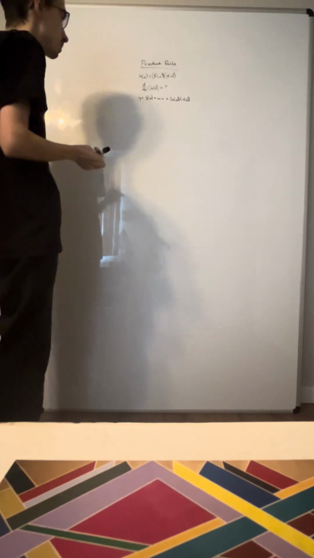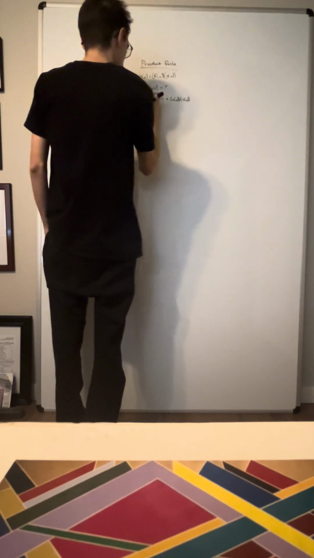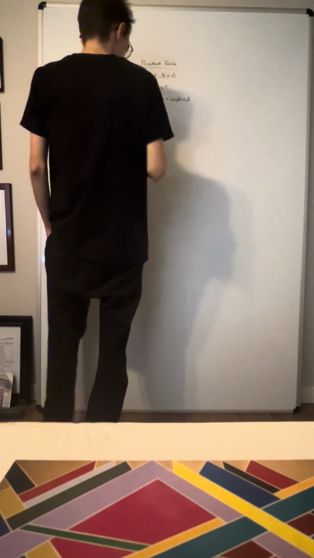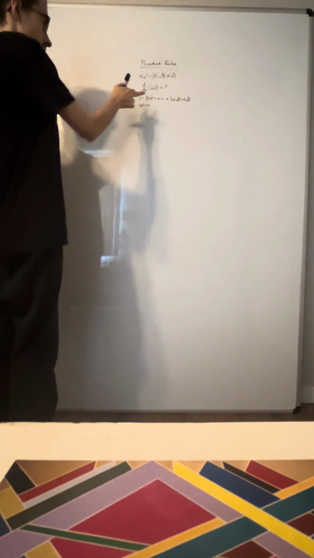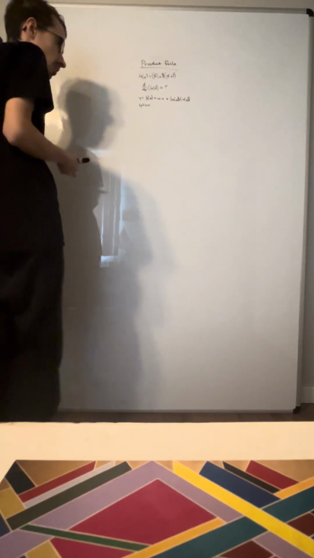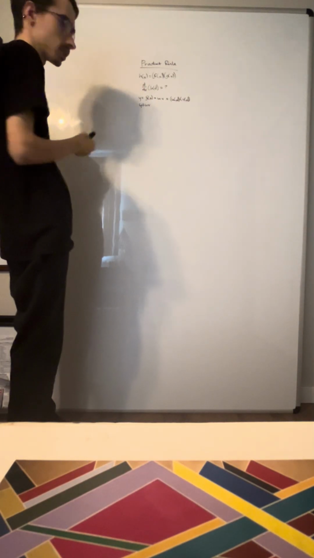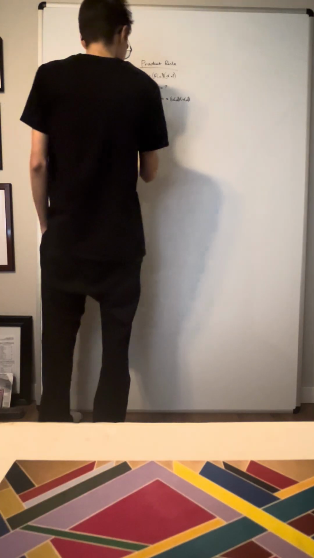So now let's put this down here as y equals u times v for the sake of convenience. And now let's add in our infinitesimal pieces and see what we can do with it.